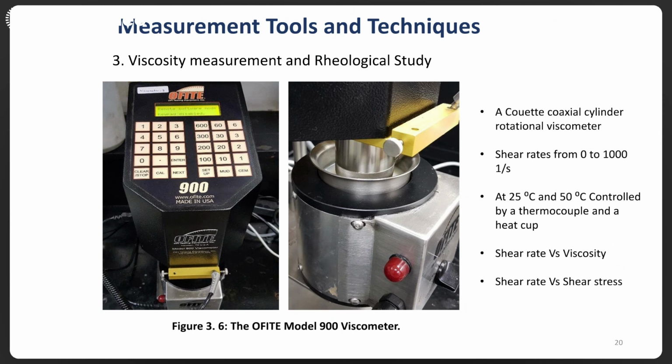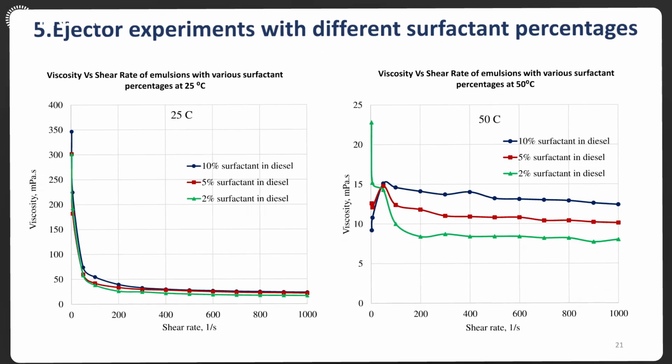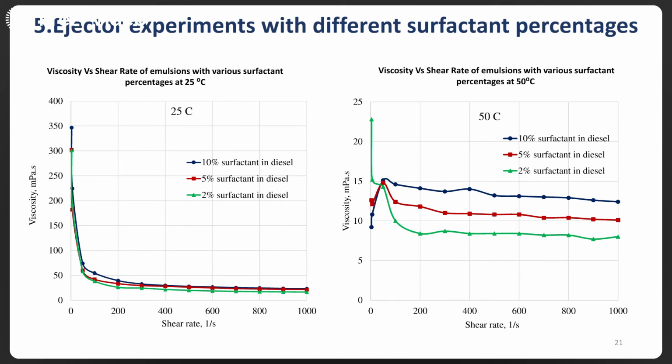We performed viscosity measurement and rheology study for all generated water and oil stable emulsions using a cylindrical rotational viscometer. The rheological study for all generated water and oil stable emulsions at different water salinity and surfactant percentage was conducted as shown in the figure, at different temperatures, 25 degrees Celsius and 50 degrees Celsius, where on the x-axis we have the shear rate and on the y-axis we have the viscosity.